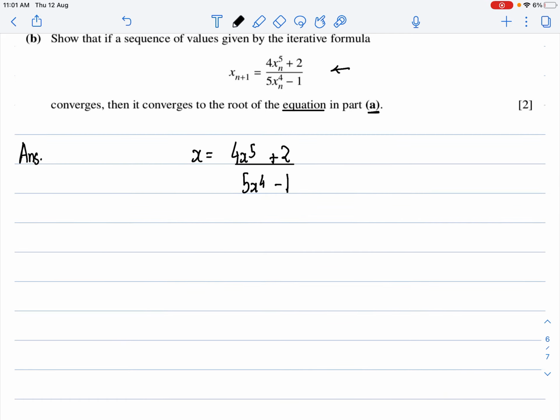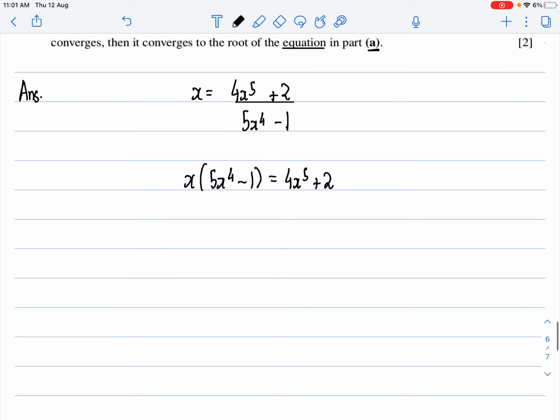So you can solve this and write this as x into 5x raised to 4 minus 1, which is equal to 4x raised to 5 plus 2. Now I can write this as 5x raised to 5 minus x, which is equal to 4x raised to 5 plus 2.